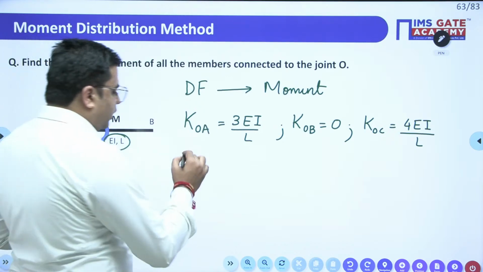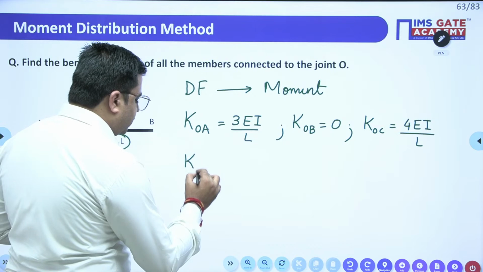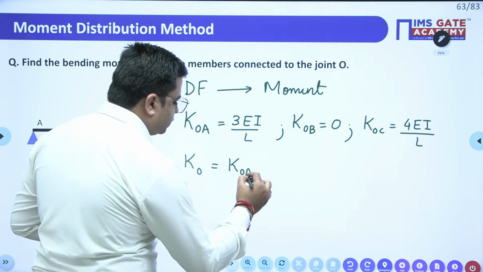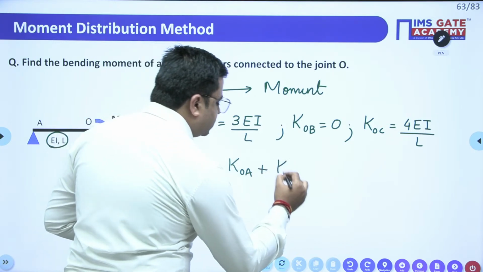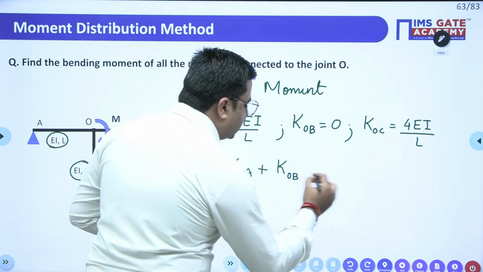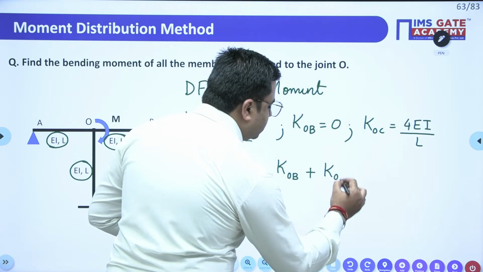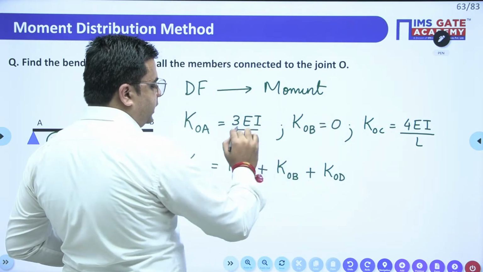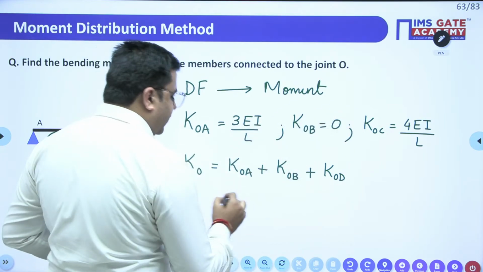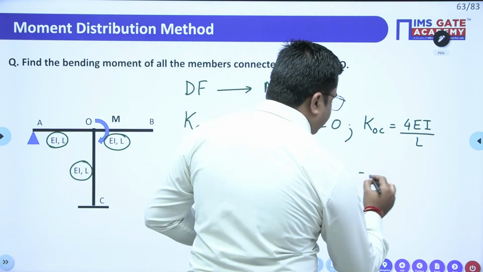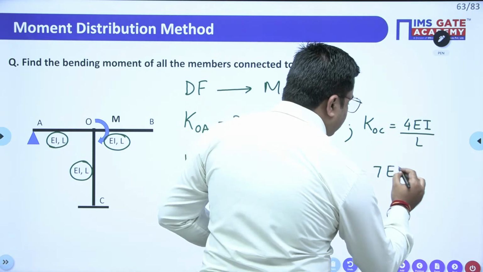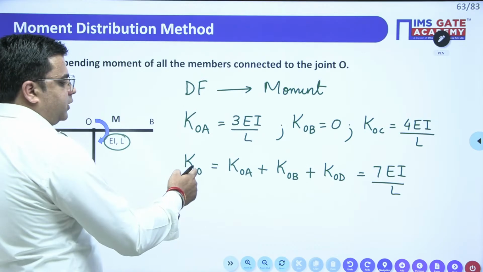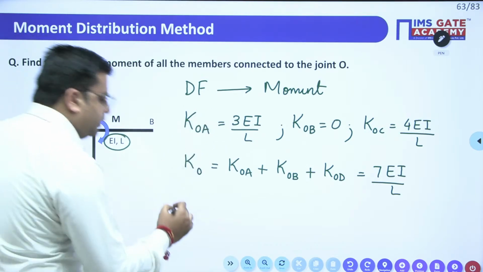Now, adding all these stiffnesses, you will get the stiffness of joint O, that is stiffness of OA plus stiffness of OB plus stiffness of OC. This gives us 3 EI by L plus 4 EI by L, which is 7 EI by L. We have the stiffness of the joint, and we have the individual stiffnesses.